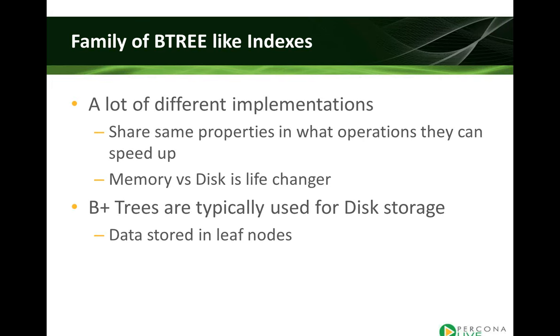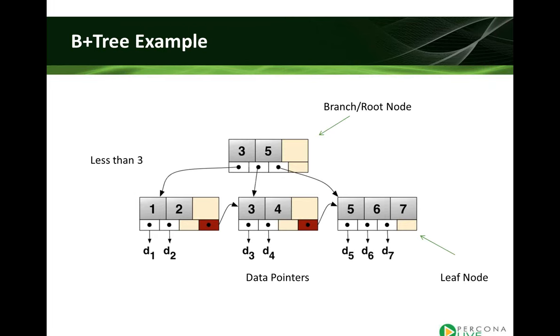When we look at these data structures, they tend to have a different structure in memory, and a lot of the databases use something which is called B+Trees for disk storage, which is different from B-Tree by the fact that the data is stored in the leaf node instead of any node.